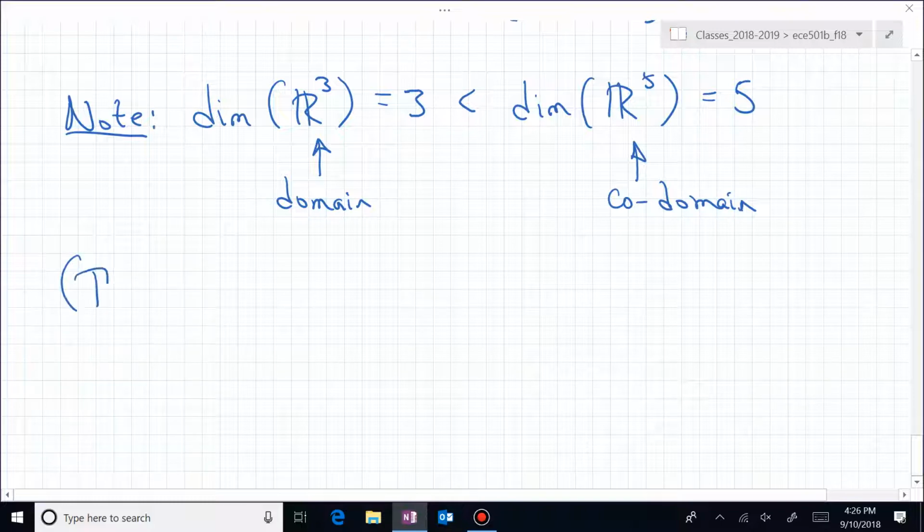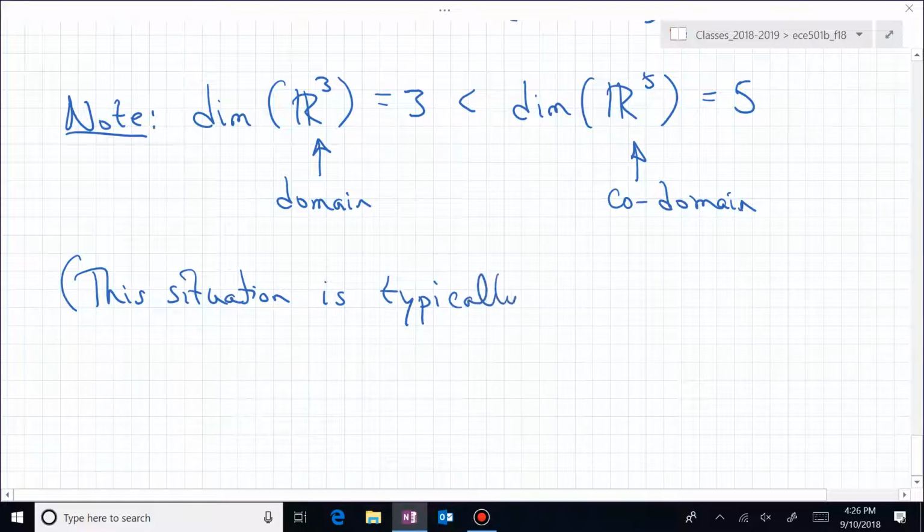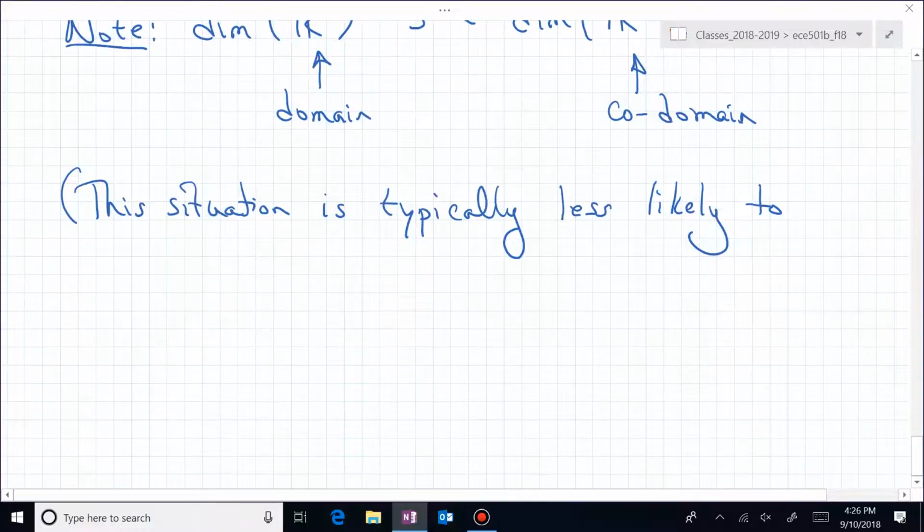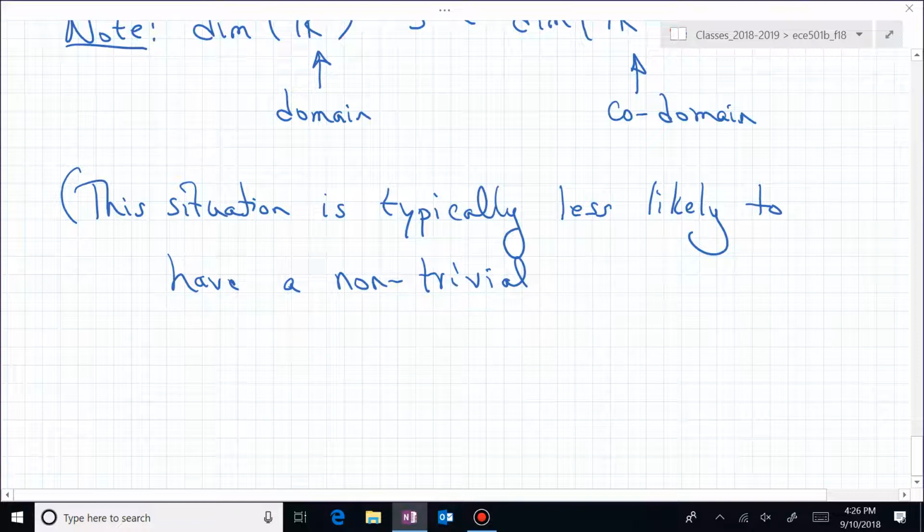So this situation, where the domain is dimensionally less than the codomain's dimension, is typically less likely to have a non-trivial null space.